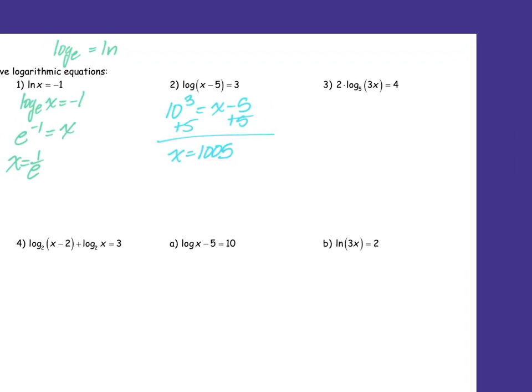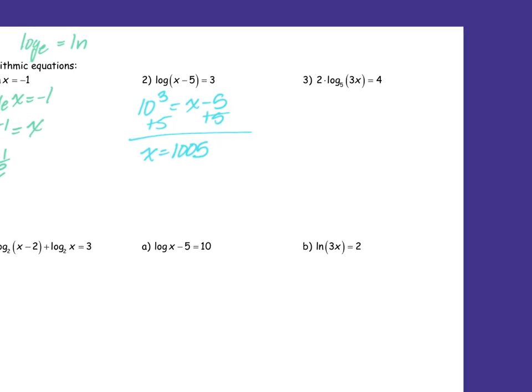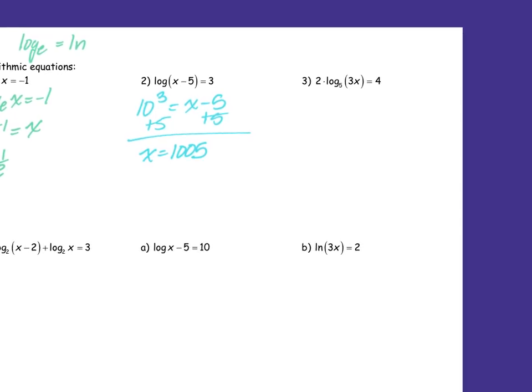And then again, I can't change it. Just like when I had an exponent, I couldn't change it to log unless that exponent was by itself. So I can't change a log to an exponent unless that log is by itself. So I need to do something first on this one. So I'm going to divide by 2 first to get my log by itself. So I have log base 5 of 3x equals 2. I'm sorry, did you have a question?